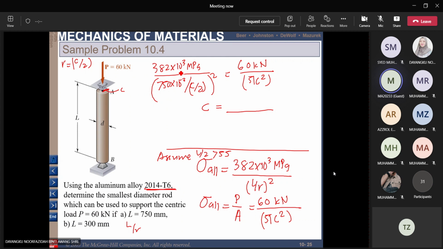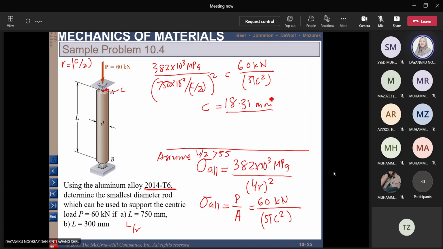Eighteen point three one. So what is it? 18.31. So after you get the value of your C, is this in meter or millimeter? Millimeter, right? So you can get your value of your C over here, 18.31.